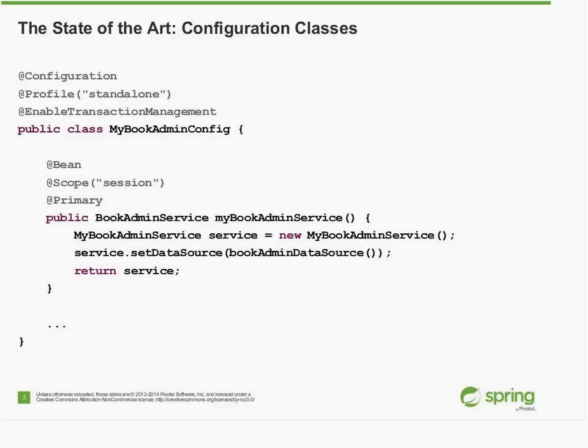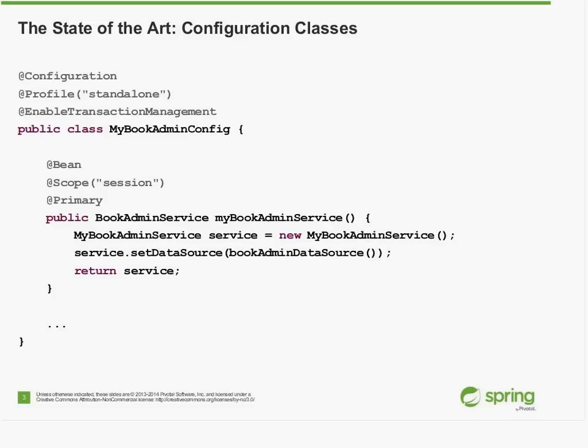@Profile is a special kind of condition. In the Spring Framework 3 generation, it was the only condition we actually had. It basically says this part of the configuration is only to be activated if the profile standalone has been marked as active on startup.